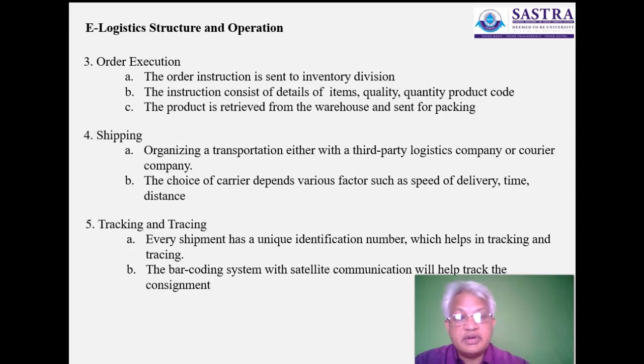Based on the inventory management system, the inventory division checks the availability of the items, the quality, the quantity, and the product code. The product is then retrieved from the warehouse and forwarded for packaging.